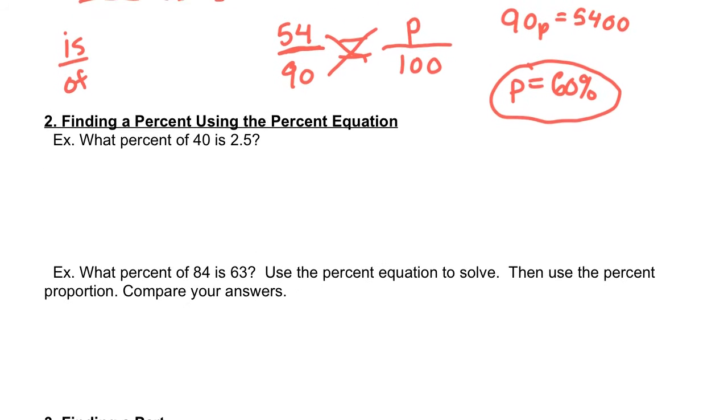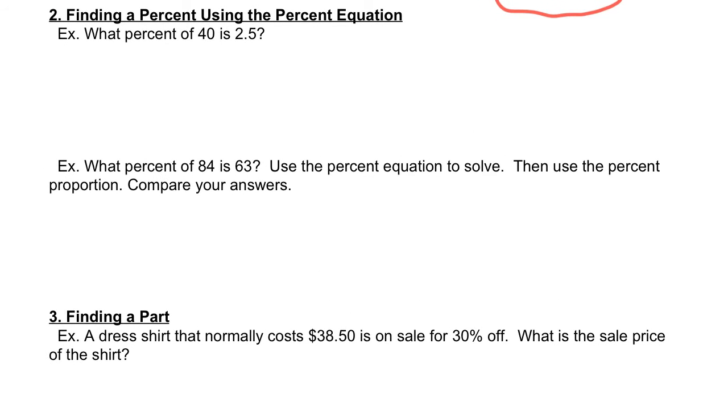I'm still going to use proportions. I want to give you a consistent way to solve these, okay? And the proportions, for me, is the easiest way. So it asks, what percent of 40 is 2.5? Right now might be a good chance for you to pause me for a second and try to set this up, and I'll explain.